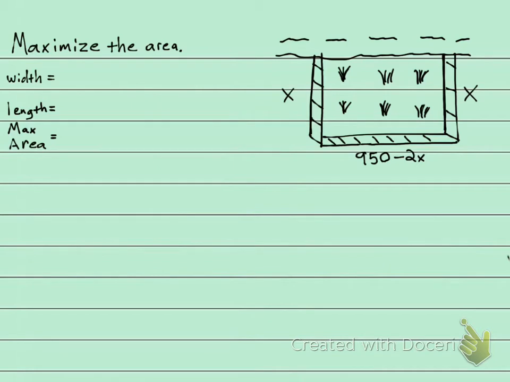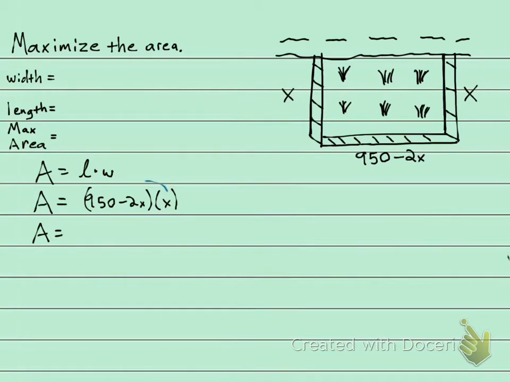Now, the other thing you need to know is that the area of a rectangle is length times width. So the area inside this pen is going to be my length, which is 950 minus 2x, times your width, which is just x. Okay, and this is going to be our polynomial equation here.